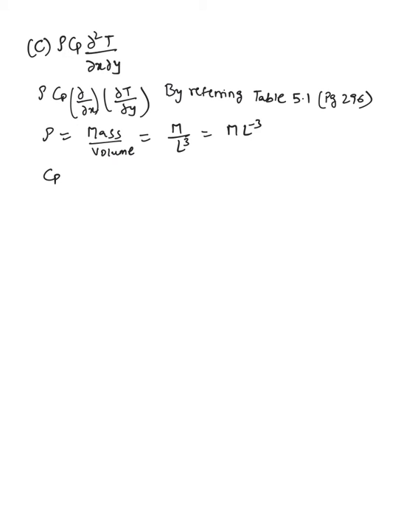Cp is specific heat. This I have obtained from table 5.1, and it is represented as joules per kilogram Kelvin, and the dimension representation would be L square divided by T square times theta.